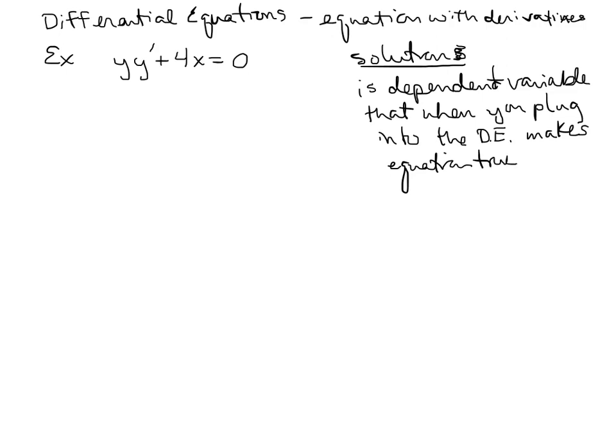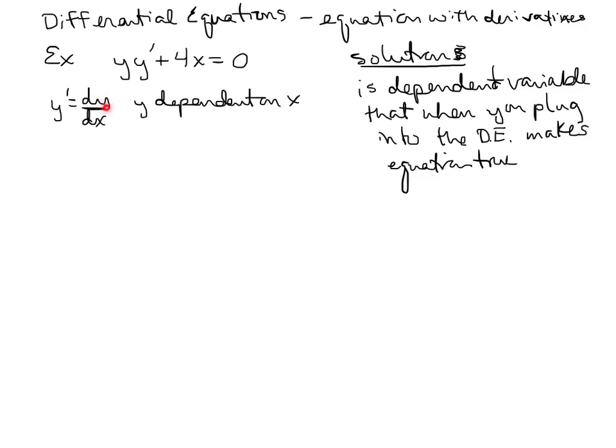So the dependent variable in this is y, because we have y prime, and that's dy/dx. It's saying that y is dependent on x. So x could change, it's independent, but whatever you get for x, you will get something for y, and y is dependent on that.